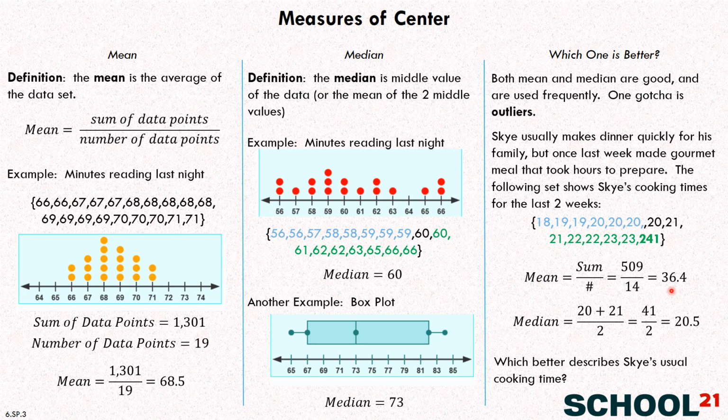In some ways that's true, but it has almost never taken Sky 36.4 minutes or anywhere near there to cook dinner. It's either usually a much lower number or that one time it was a higher number. That's why the outlier is throwing off the mean. So that's just one example of how you want to pay attention to mean and median and when you're using them, to see if they really represent the center of the data.